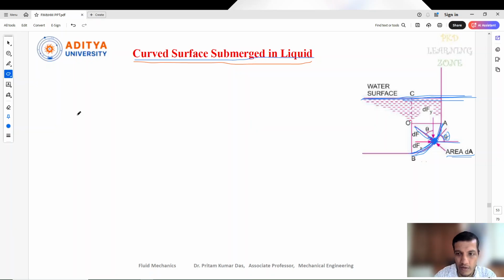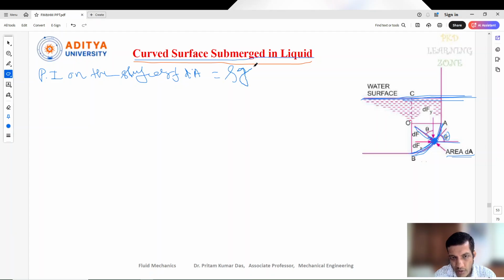First of all, let me tell you the force acting on the surface, or we can say the pressure intensity. We know that the pressure intensity on the surface of the small area dA, the pressure intensity formula, is nothing but rho gh.